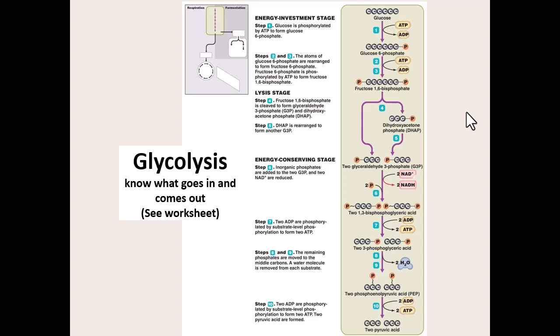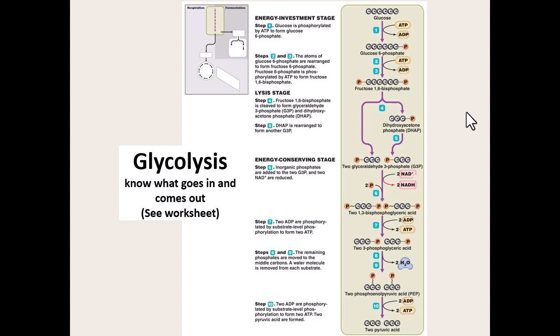How many ATPs are going in at the very top of that diagram? We'll get there. So right where it has that number 1 listed, there's an ATP going in, and right where that number 2 is listed, there's another ATP going in. There are 2 ATP going in.